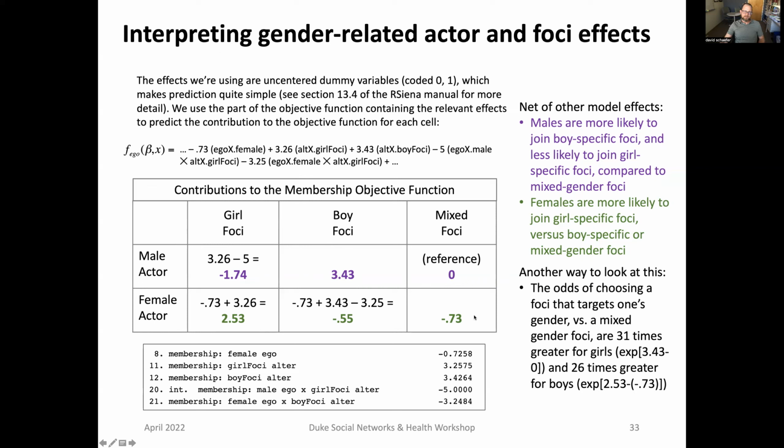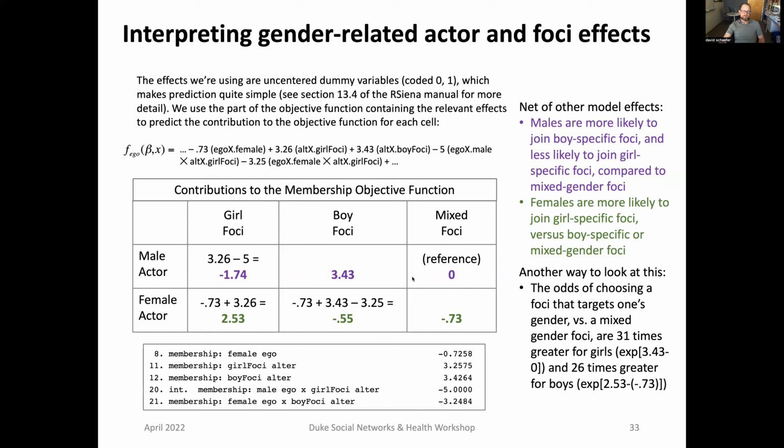Okay, another way to think about that is we can make comparisons kind of within actor. So for a boy, we could make the comparison of, well, do I join a boy foci or a mixed foci? Okay, and the difference between these contributions here are in log odds scale.